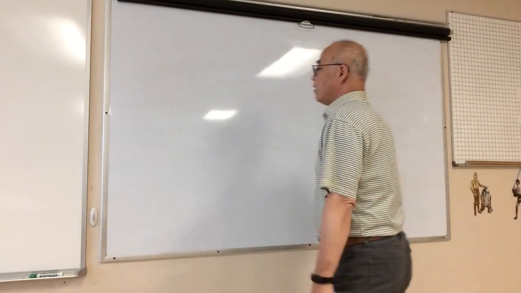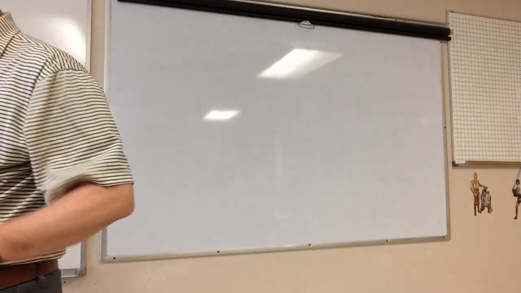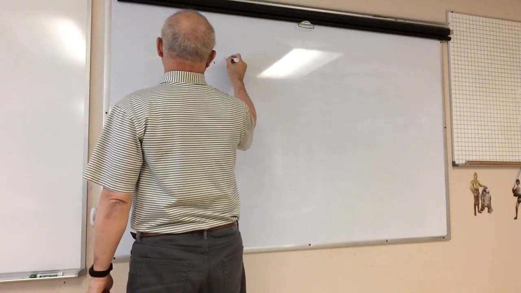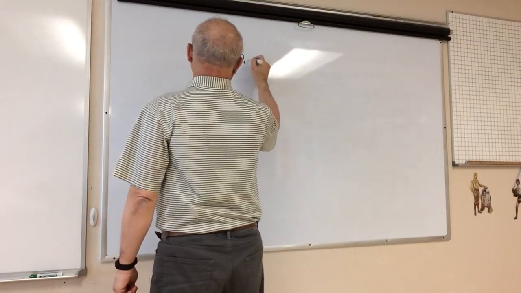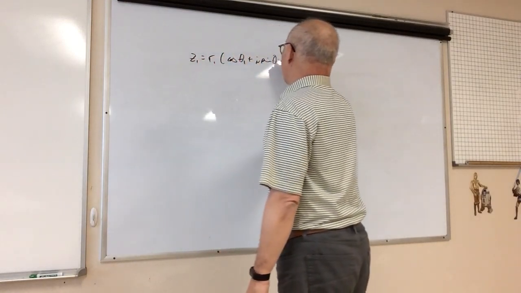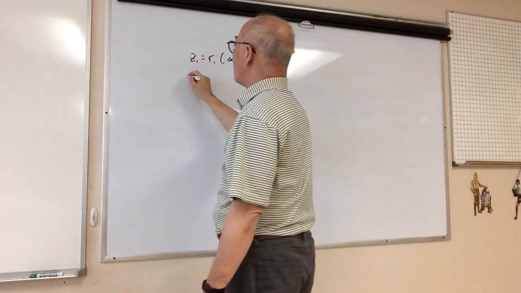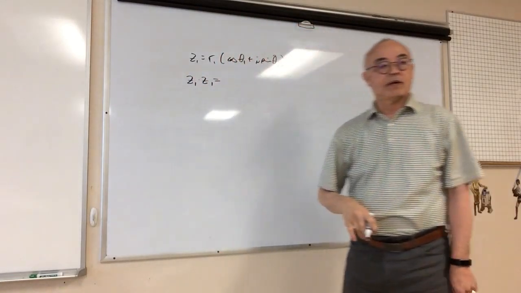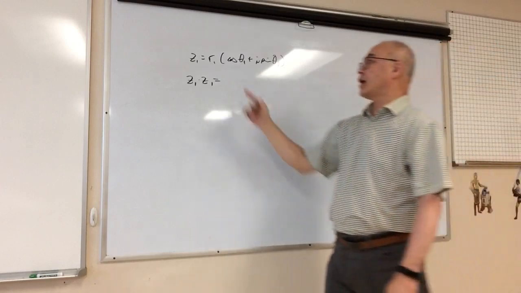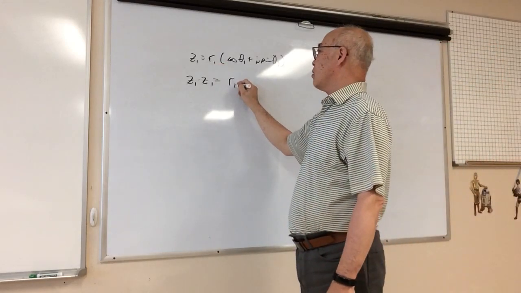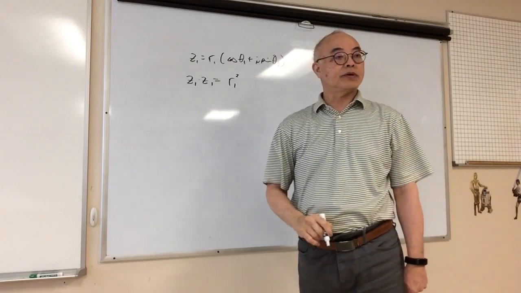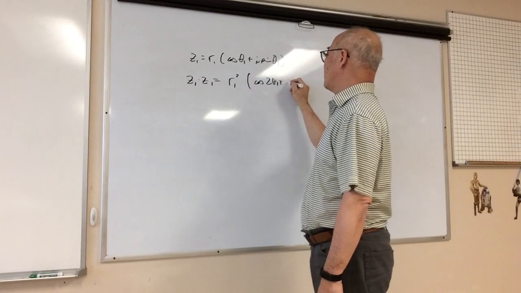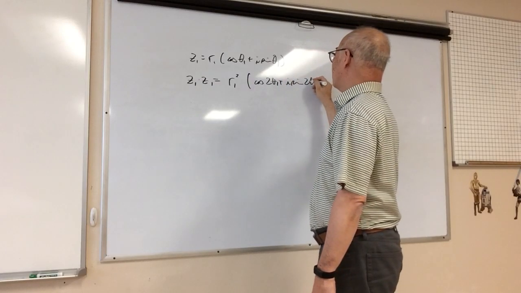So let's see if we can move on, and we're going to do now powers of complex numbers. So if I have z1 equal to r1 cosine theta 1 plus i sine theta 1, and I ask, what is z1 times z1? I have to multiply this by this, right? So basically it's r1 squared, r1 times r1, and I'm going to get cosine 2 theta 1 plus i sine 2 theta 1.